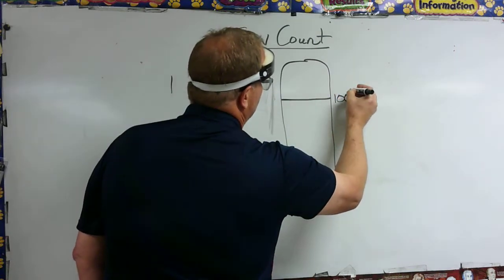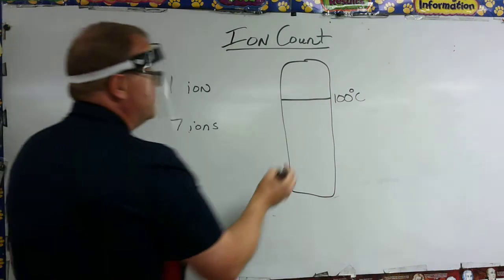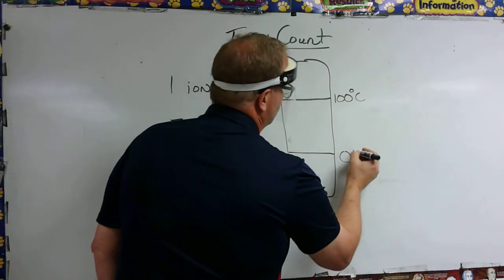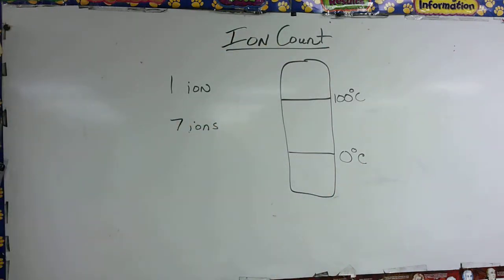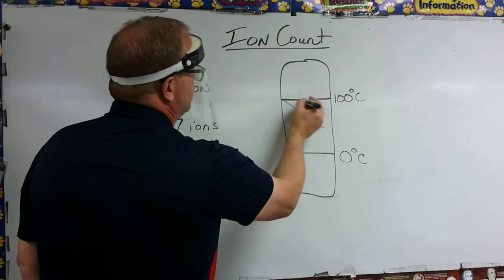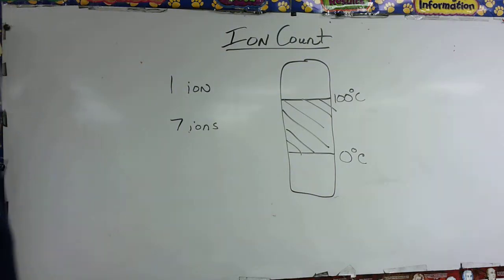This would be your normal boiling point for water. This will be your normal freezing point for water. Now, you need to remember this part here. Okay? That's the normal ones.